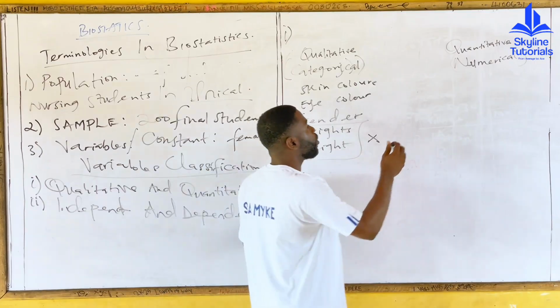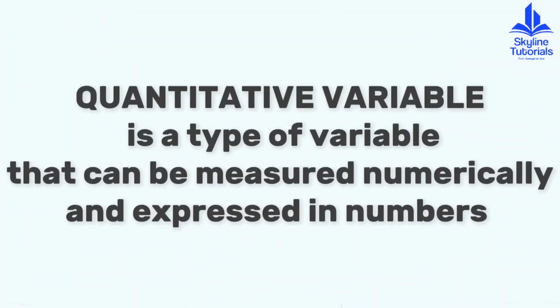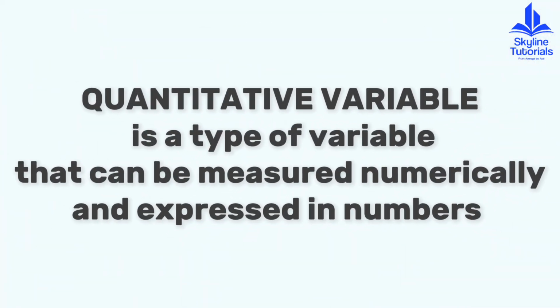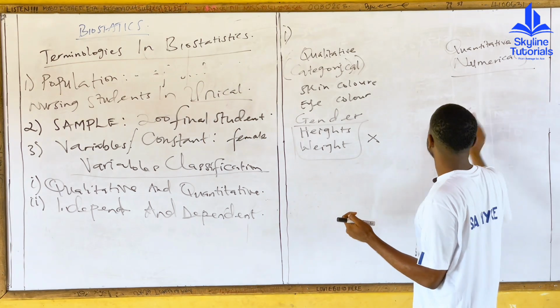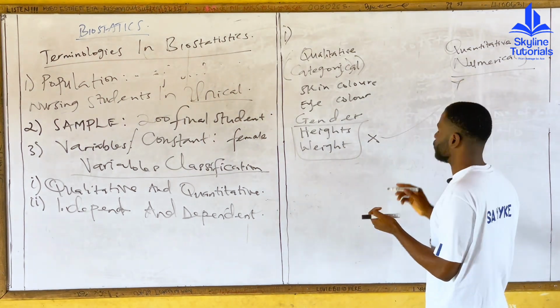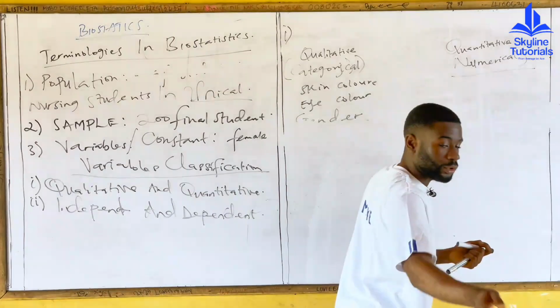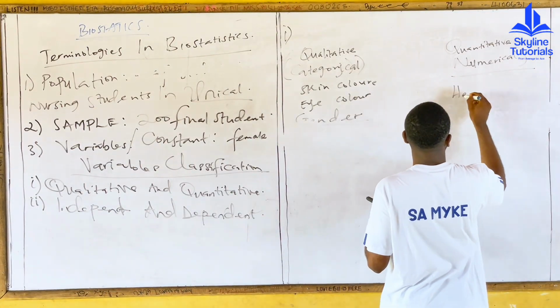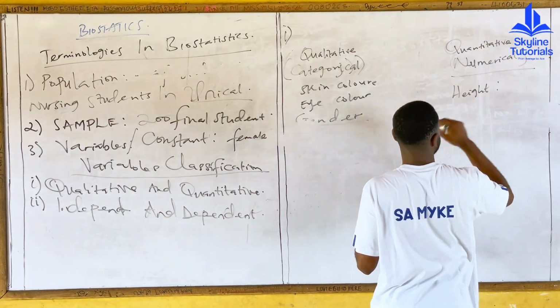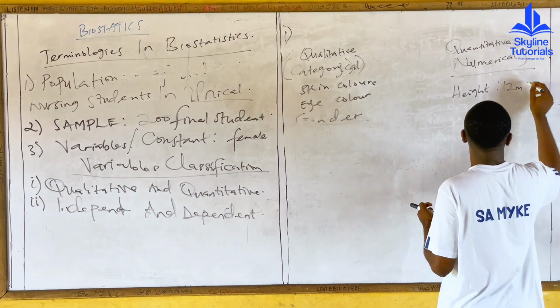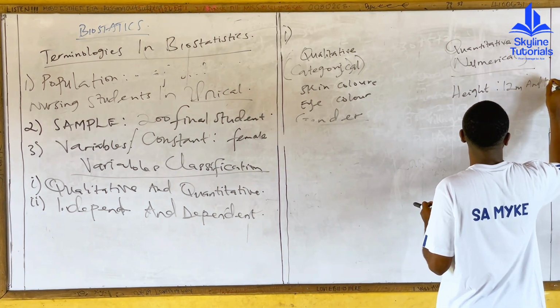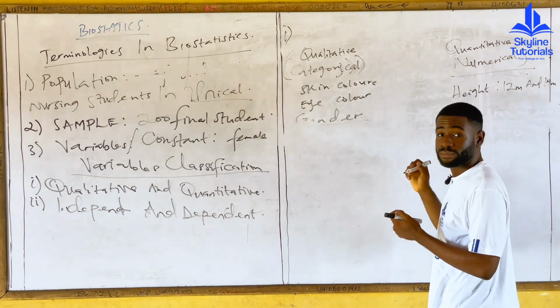Quantitative variables are simply variables that have numerical values. This is where height and weight fit in. So we have height, let's say 12 meters tall and 14 meters tall.